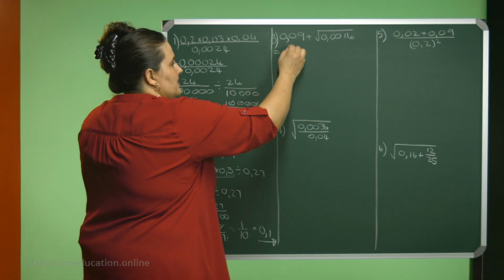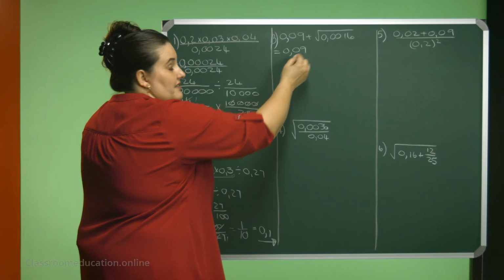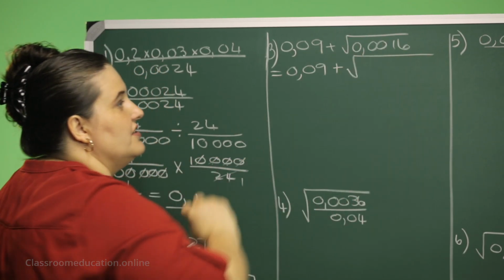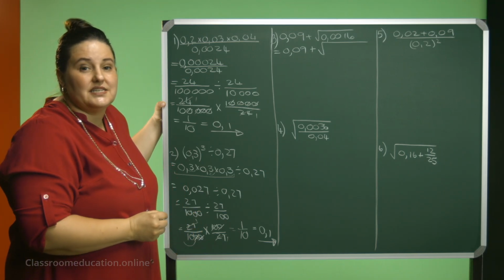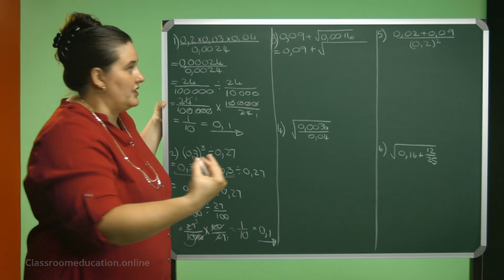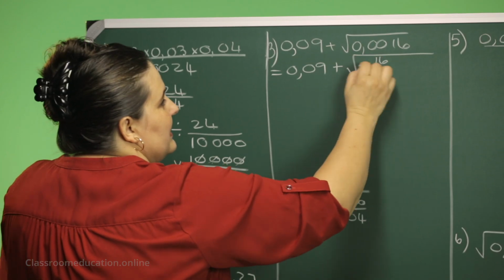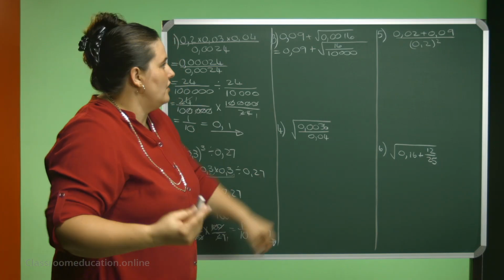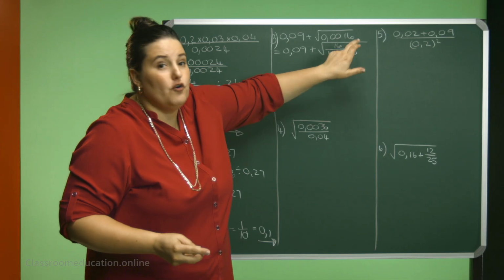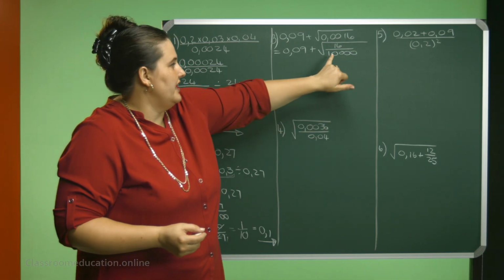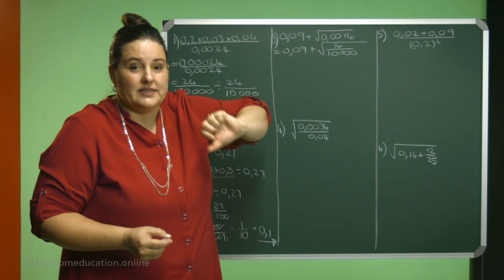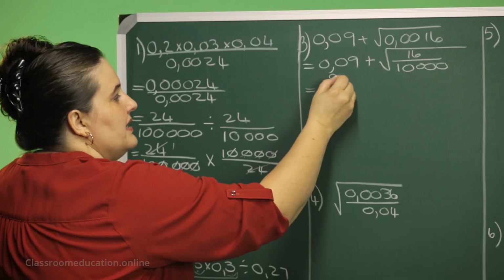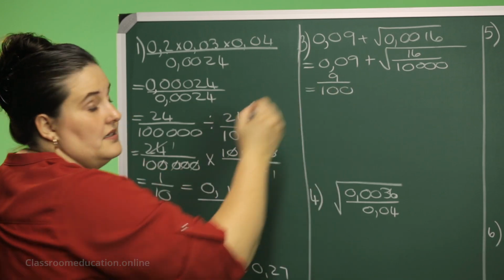So the 0,09, let's write it there for the moment, plus I can change the 0,0016 to a common fraction by saying it is 16 10,000ths. Why 10,000? Because I have 4 decimal places there, so I need to have 4 zeros if I write it as a common fraction. The 0,09 can be 9 hundredths. You agree?